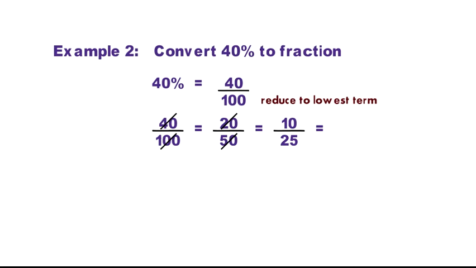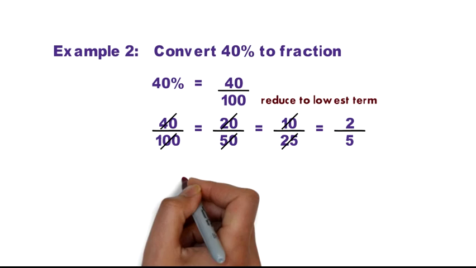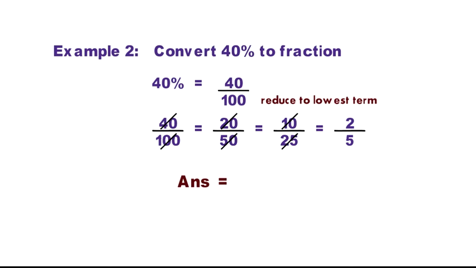So, 5 divides 10 gives us 2, and 5 divides 25 gives us 5. Looking at the fraction, we can see no other number can divide both the numerator and the denominator. So, the answer is 2/5.